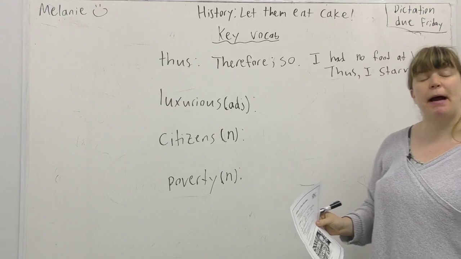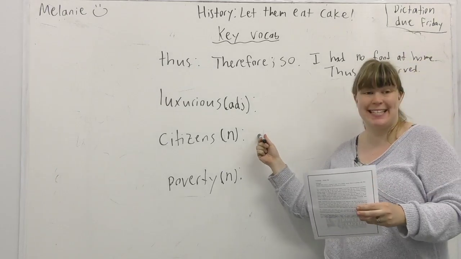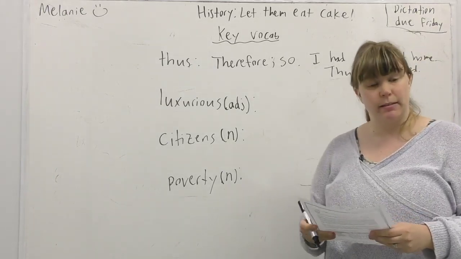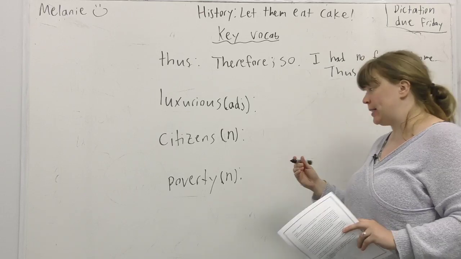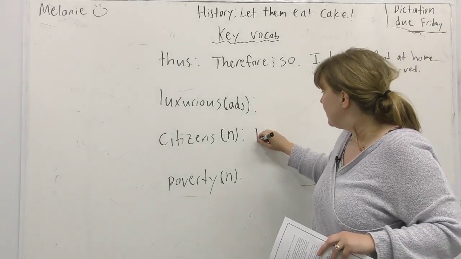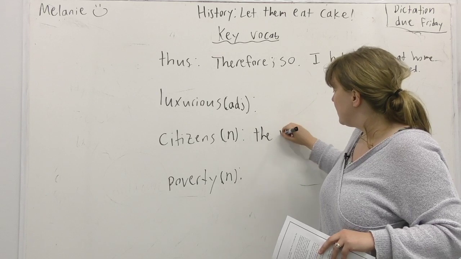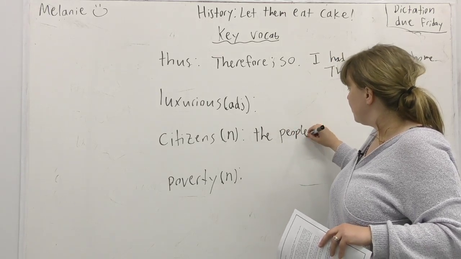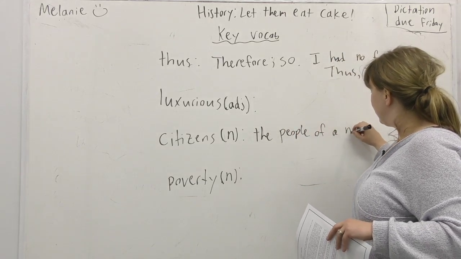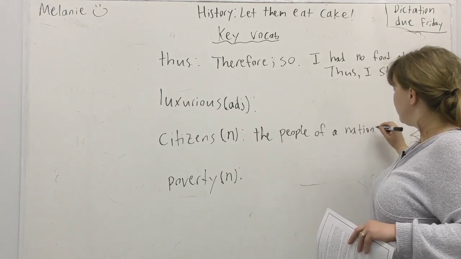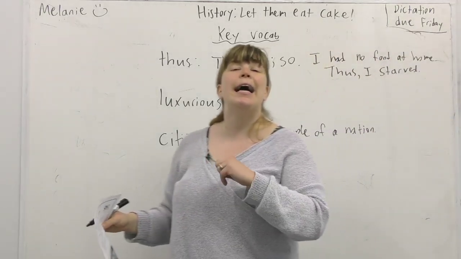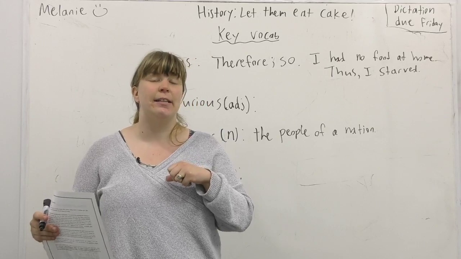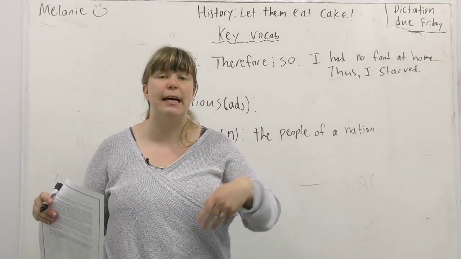And in the meantime, I'm going to explain citizens. What are citizens? Citizens are the people of a nation, essentially. So for example, I am a Canadian citizen. That means I live in Canada.